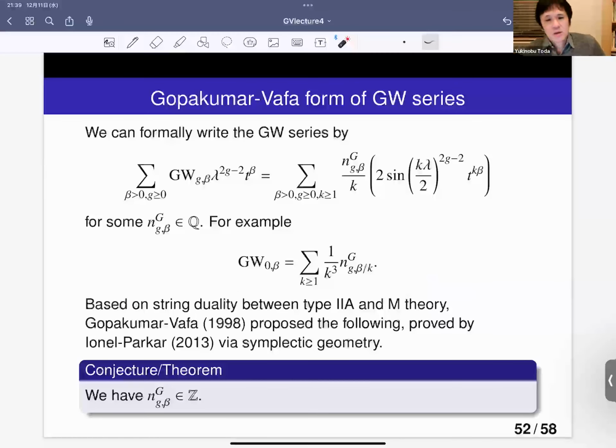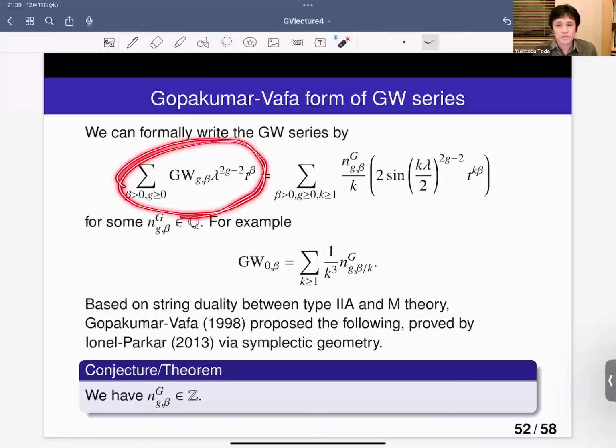And here is how this number may be derived. So this was the original formula from Gopakumar-Vafa. Gopakumar and Vafa wrote down the generating series of the Gromov-Witten invariants in terms of this formula. This is motivated by the duality between type IIA and M-theory, which I cannot explain.